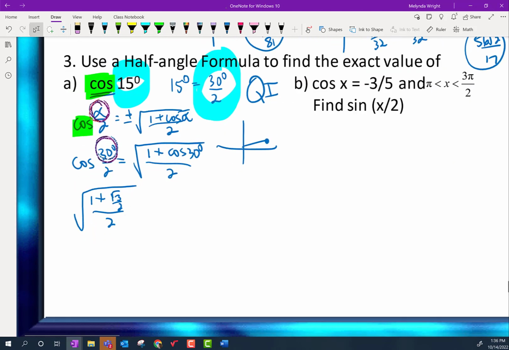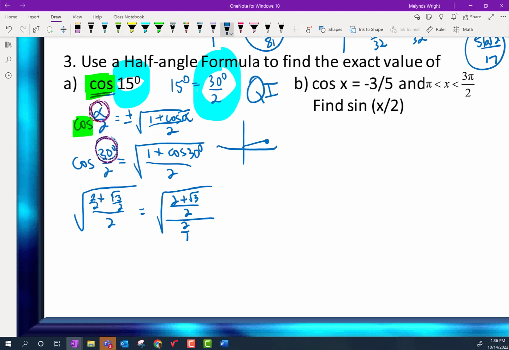I'm going to change this 1 to a 2 over 2. So I have a common denominator. So that gives me 2 plus root 3 over 2, all over 2, and I'm making that a fraction. I'm making it over 1.